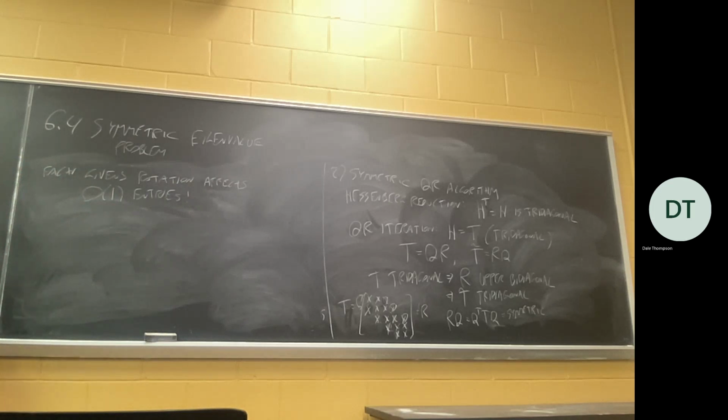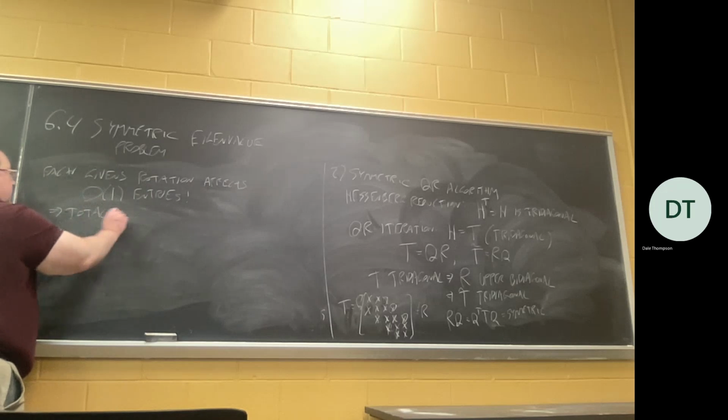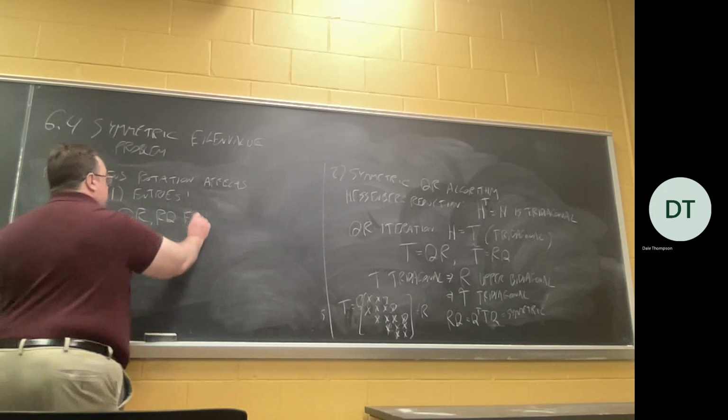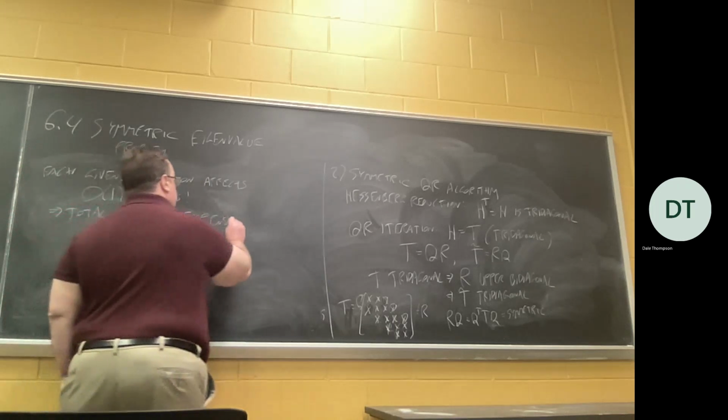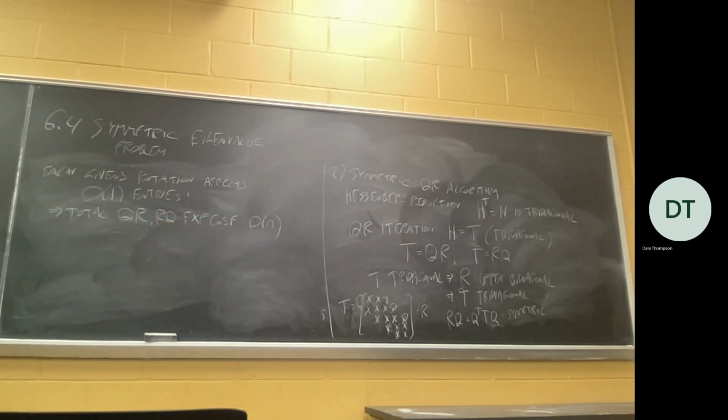That means the total expense of doing QR and RQ is order n. In the unsymmetric case, we were happy that the process was order n squared because the matrix involved was Hessenberg. But now we can do better still because of the low bandwidth, even if it's not as low as I thought.